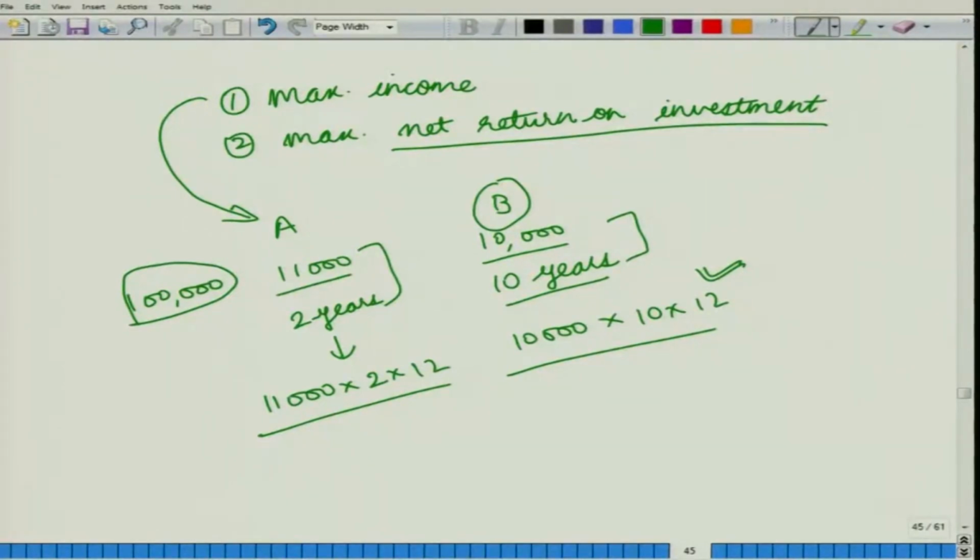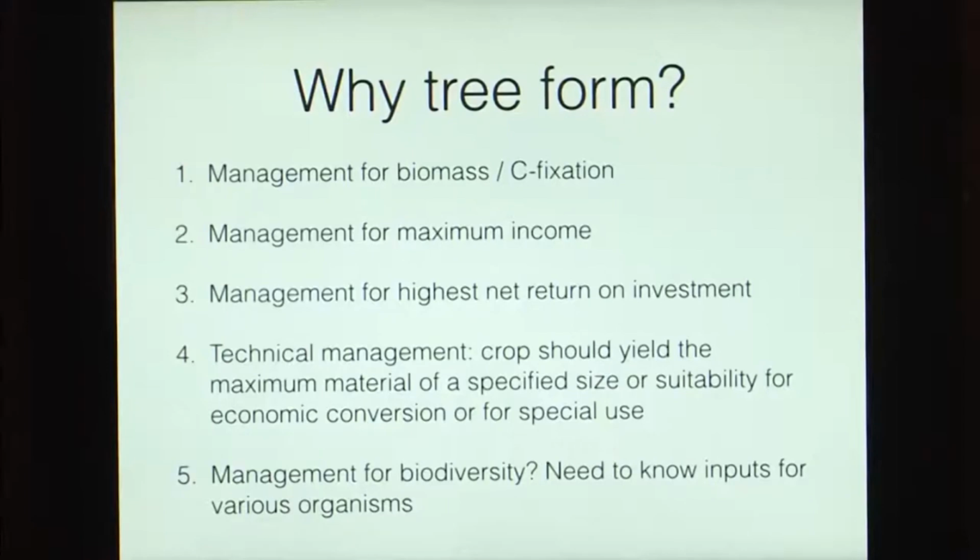Now, we can also be managing our forest stand, as we can see in this slide, for technical management. Now, what do we mean by technical management? Technical management means that a crop should yield the maximum material of a specific size or suitability for economic conversion or for special use.